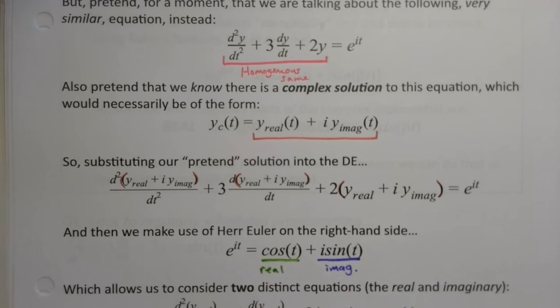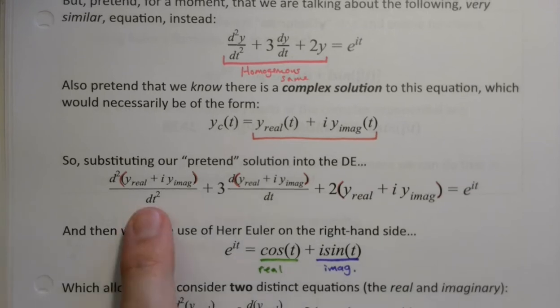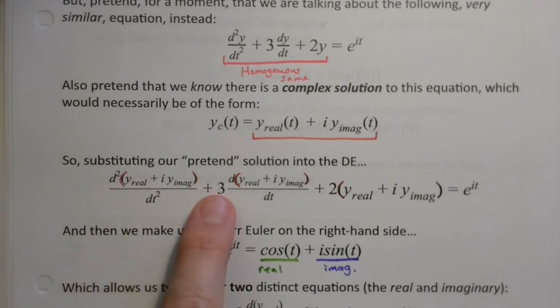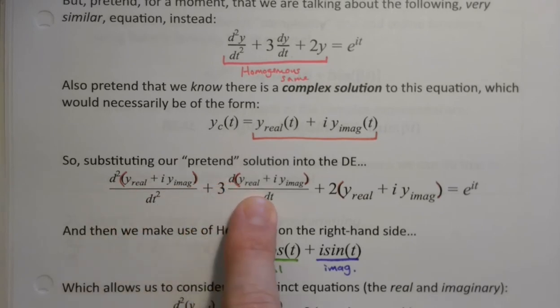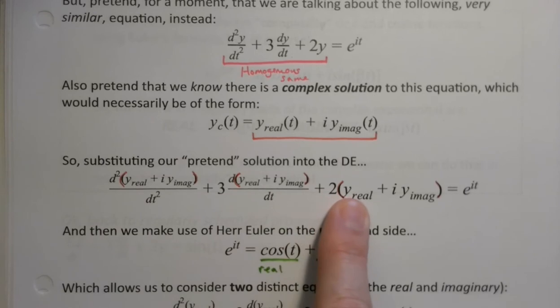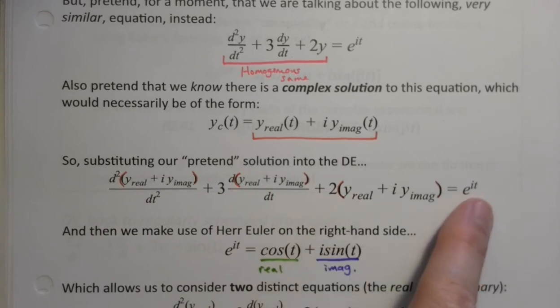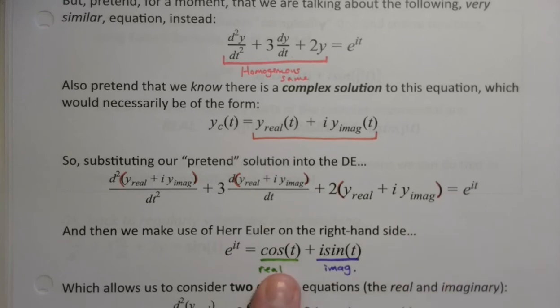And so that really allows us to consider two distinct equations. The first equation is going to be the real part's second derivative plus 3 times the real part's first derivative plus 2 times the real part must be equal to the real part of e to the it, which is just cosine t.